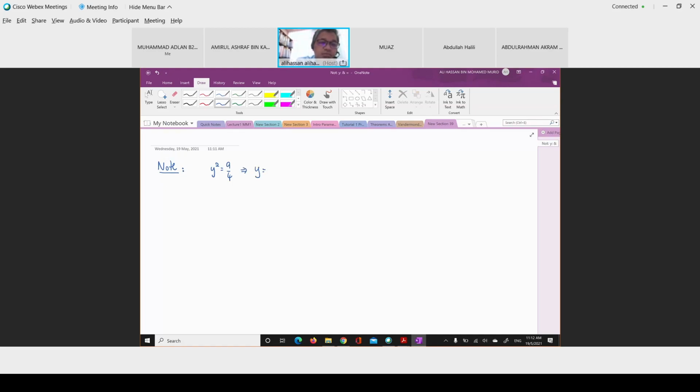It is y equal to plus or minus the square root of 9/4, and then the square root of 9/4 is the same as 3/2. So this is the correct way of writing the solution.